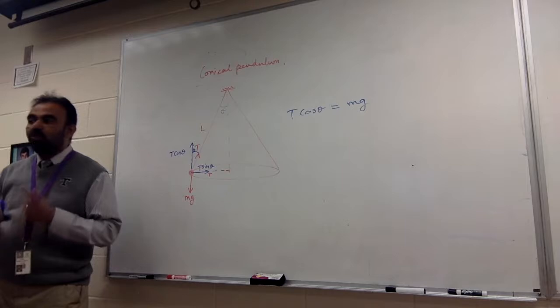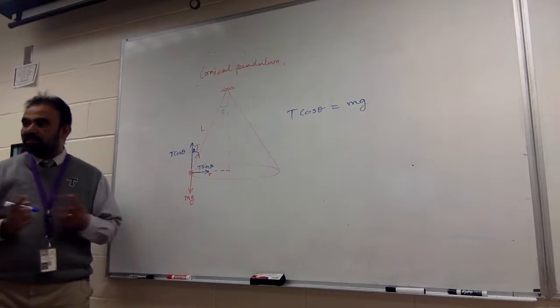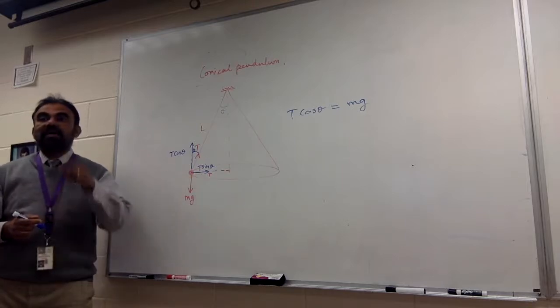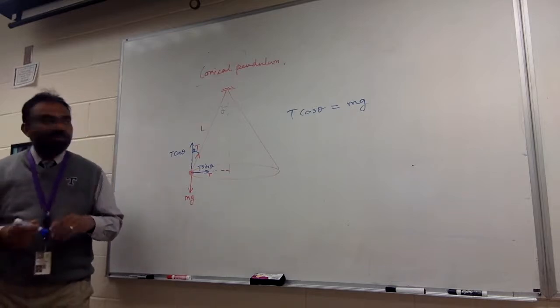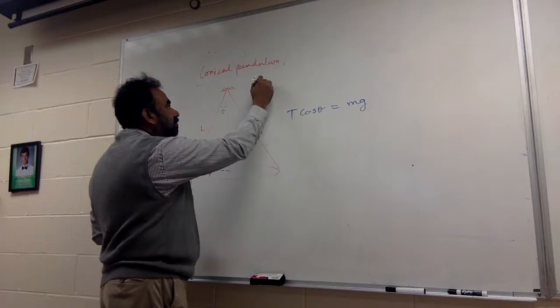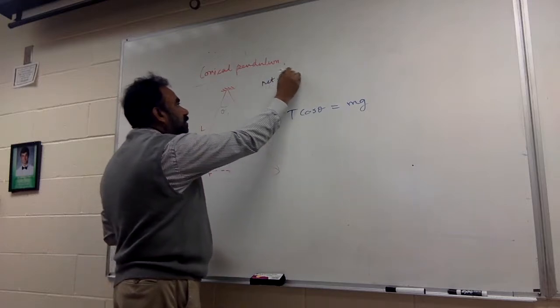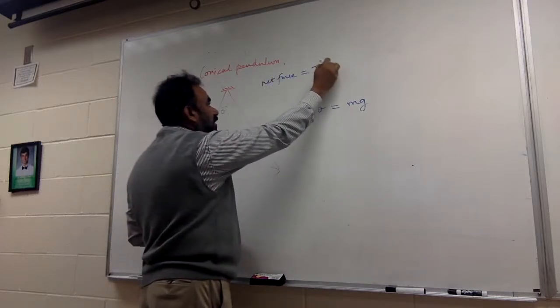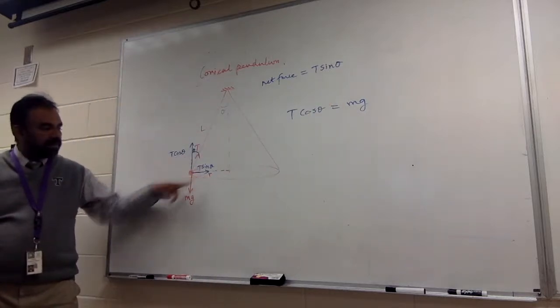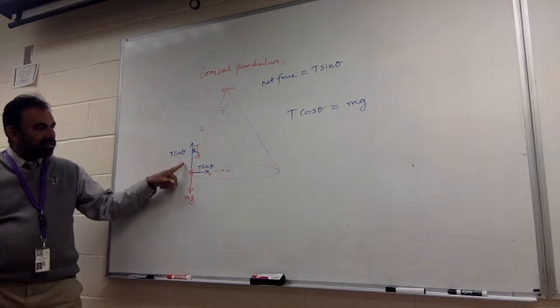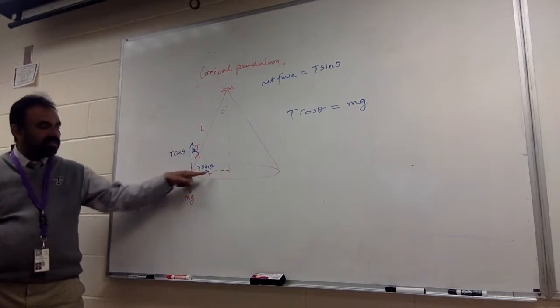That leaves us with only one more force left, right? Which is T sine theta. And that is the net force, the centripetal force. So the net force is equal to T sine theta. See again, there are three parts, all the forces: there's a T cosine theta, there's an mg, and there's a T sine theta.